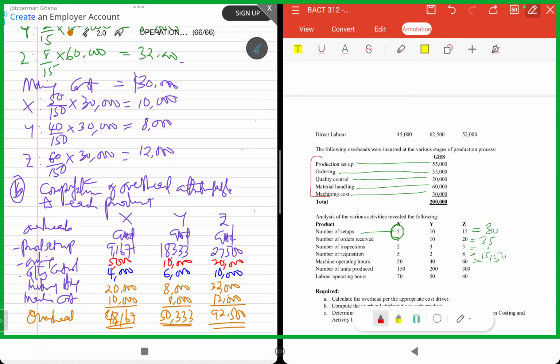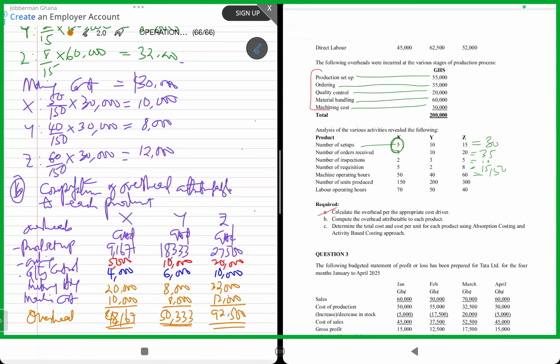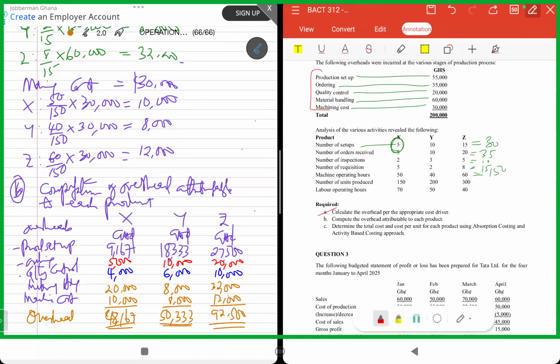A says calculate the overhead per cost driver. We used the cost driver. B says I should compute the overhead attributable to each product. So the overhead for each product, we've done it. C says determine the total cost and cost per unit for each product using absorption costing and activity-based costing.